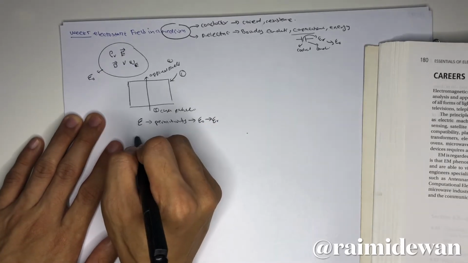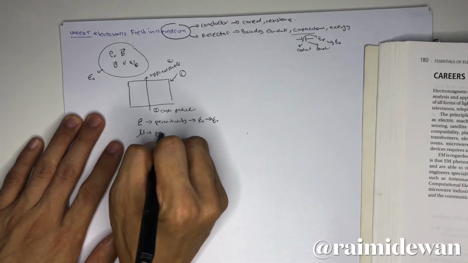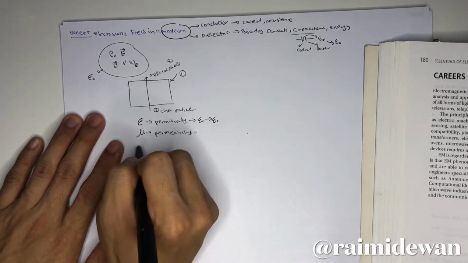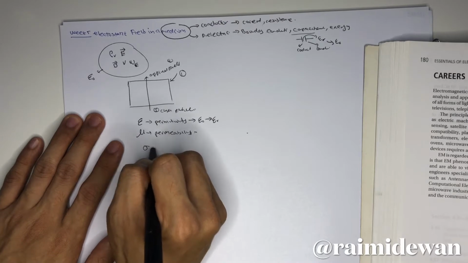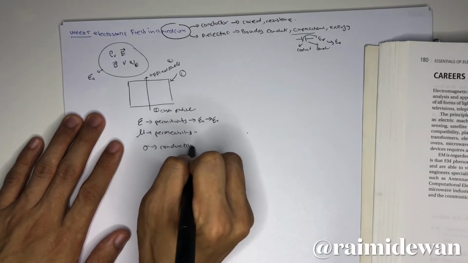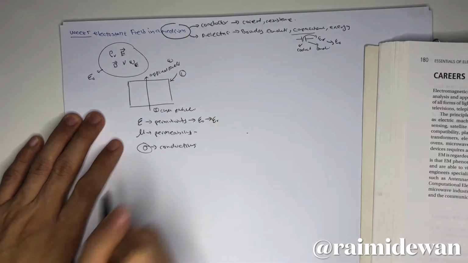Then the next you have permeability, and the next you have conductivity. This we measure in siemens.